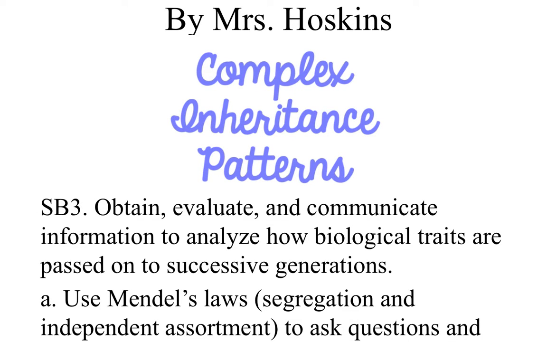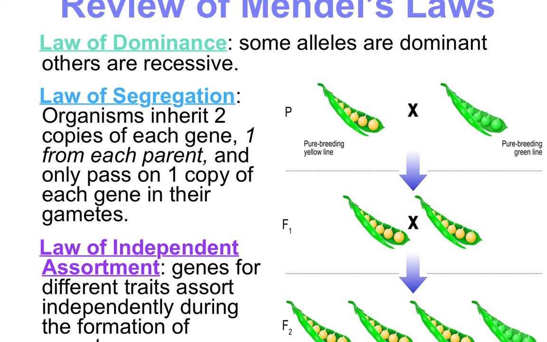Just when you thought it couldn't get more complex, let's look at complex inheritance patterns. Okay, so Mendel said that there's a law of dominance, which means that some alleles are dominant and others are recessive.